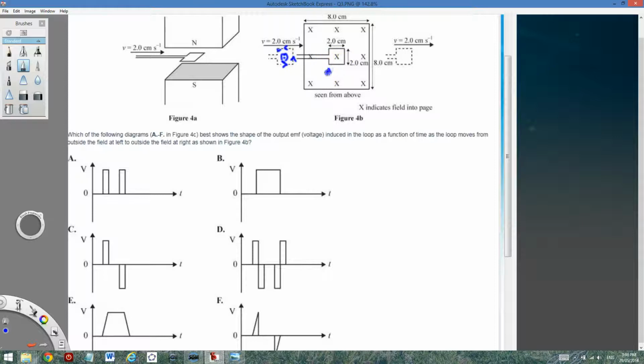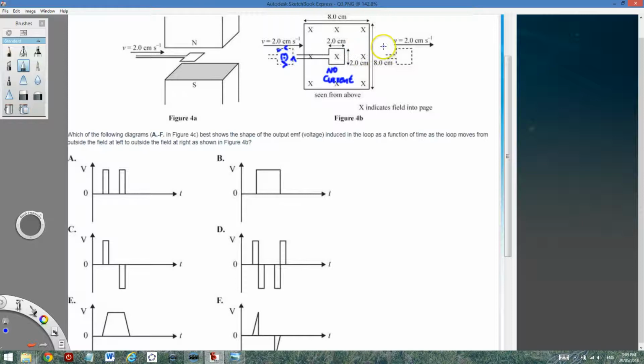Current or voltage is produced only when there's a change in magnetic flux. While the loop travels inside the magnetic field, there's no change of flux, thus no current. However, when it comes out, the story goes on.